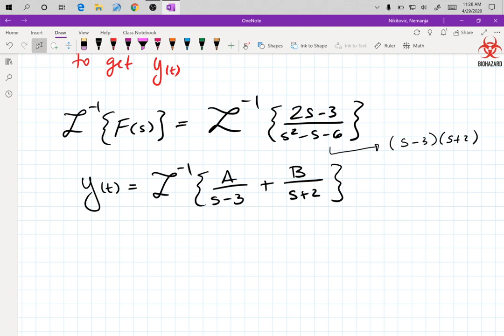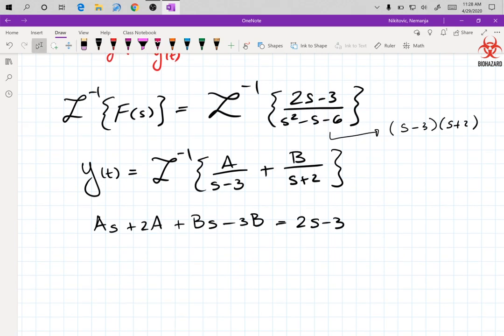So now you do your partial fractions. So that's As plus 2A plus Bs minus 3B equals 2s minus 3. You have your A plus B equals 2, and your 2A minus 3B equals negative 3.